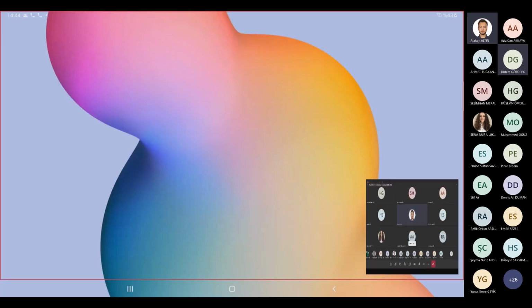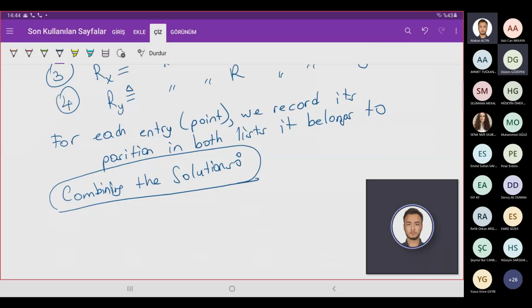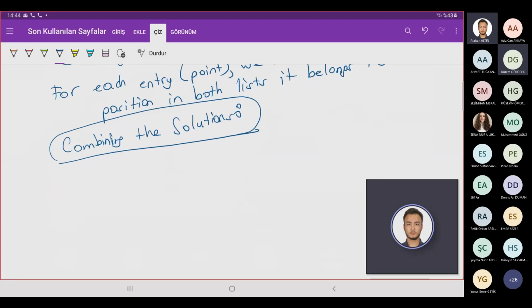So combining the solutions, we will give the following definitions.